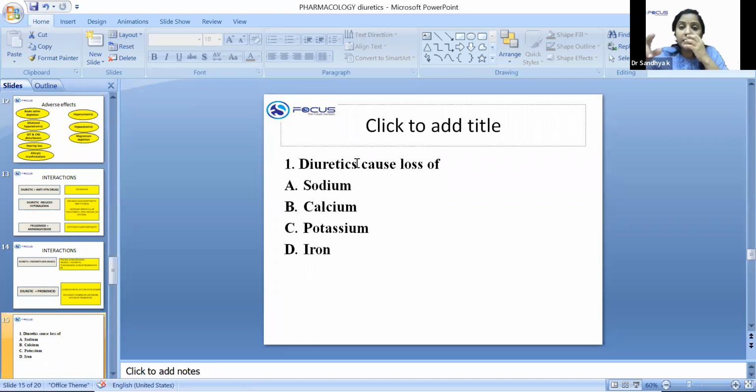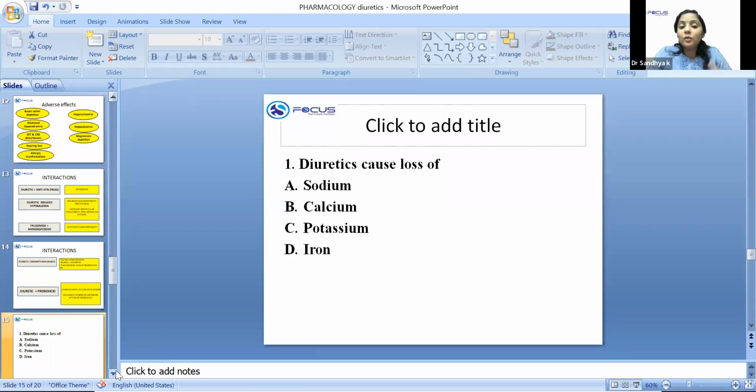Whenever fluid reaches the last portion, distal tubule and collecting duct, if there is excess sodium there, again body will try to reabsorb it. So actually it is causing loss of potassium. This happens under normal conditions. Normal dose of diuretics we give, it will cause loss of potassium from the body, and that is of high concern because it will promote cardiac arrhythmias. If potassium is not there in the option, we can go for sodium.